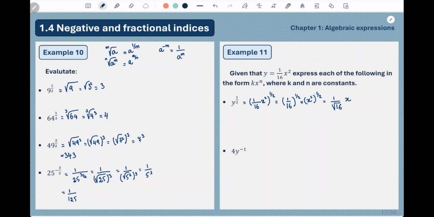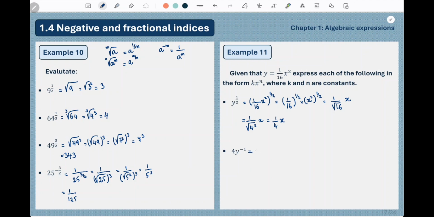The 1 over 2 applies to the numerator and the denominator. Because it's 1, it stays 1, and 16 becomes 16 to the power of 1 over 2, which is the square root of 16. We know the square root of 16 to be 4, because 16 is 4 squared. So it's 1 over 4x, or alternatively x over 4.